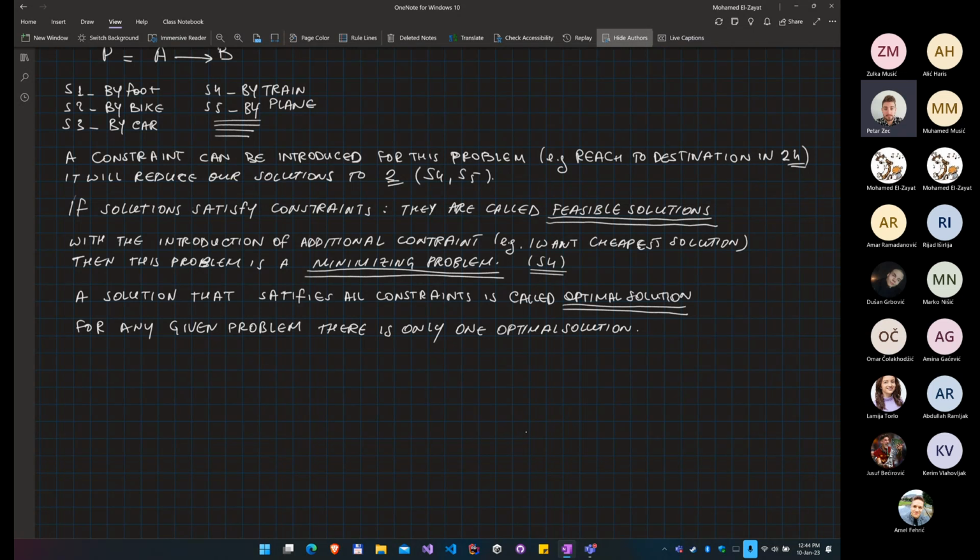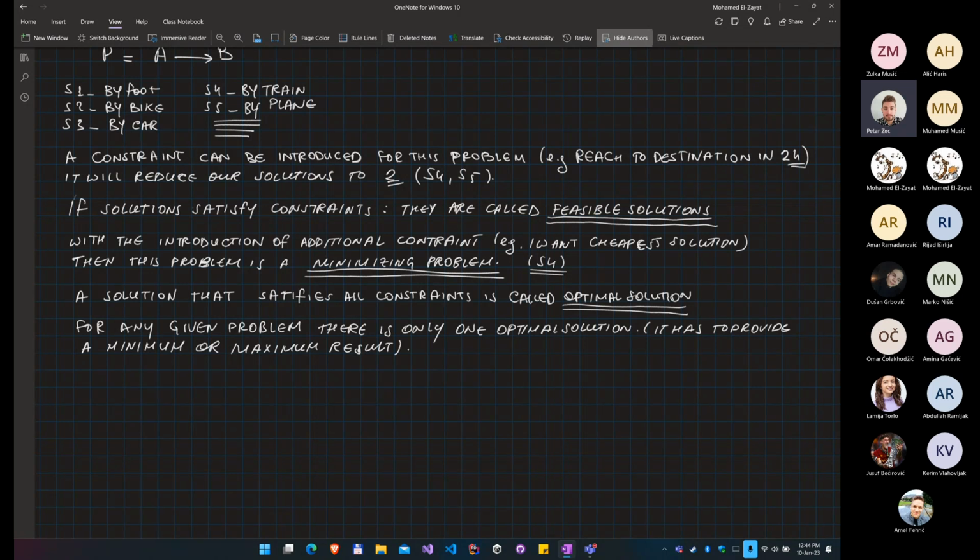Which has to give me a minimum. So it has to provide a minimum or maximum result. The cheapest, the most expensive, the smallest, the shortest, the largest, whatever.